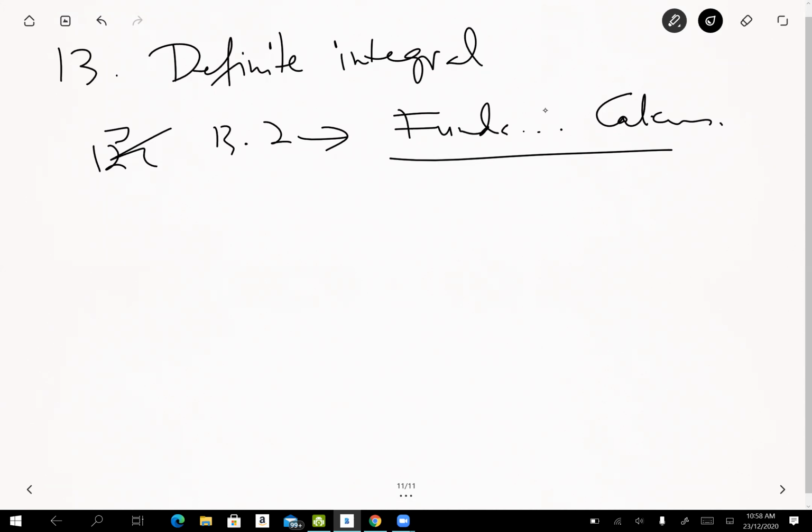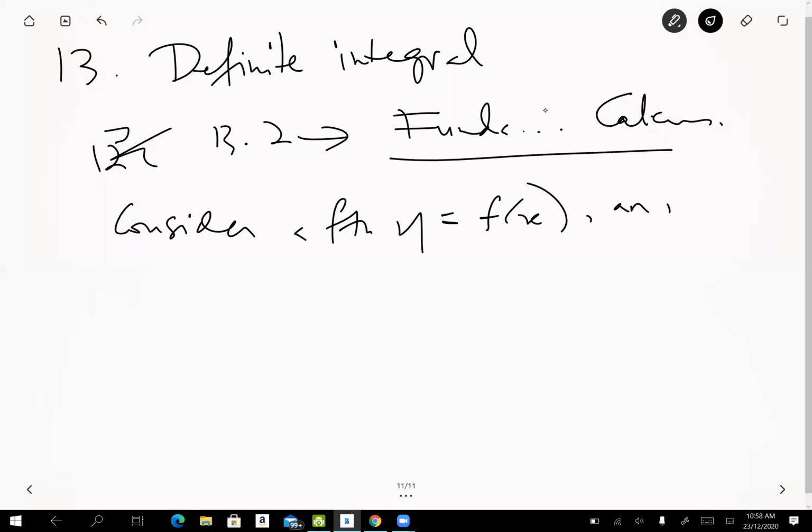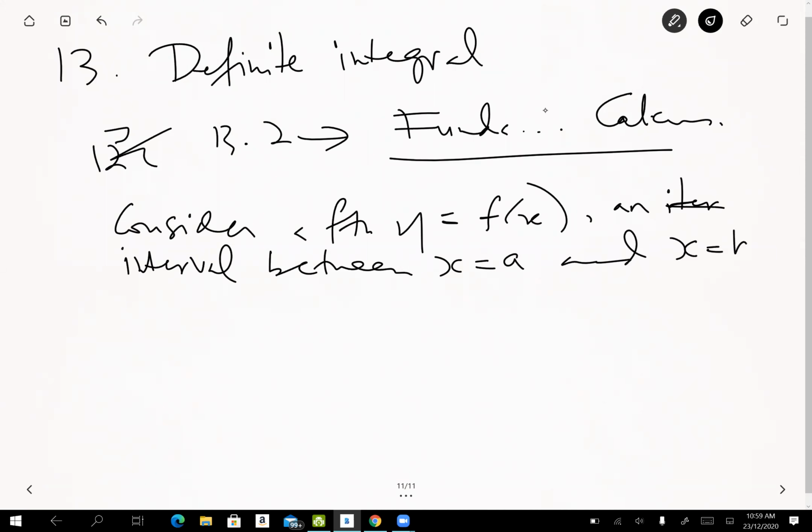Okay, I will just write down what we have here. Now you consider a function y equal to f of x, and then look at an interval between x equal to a and x equal to b, and b is bigger than a.